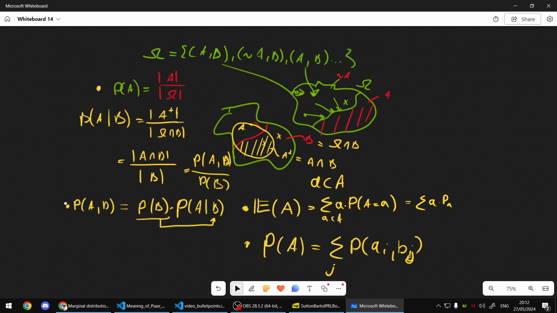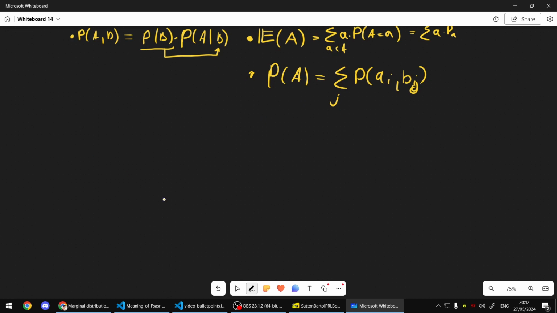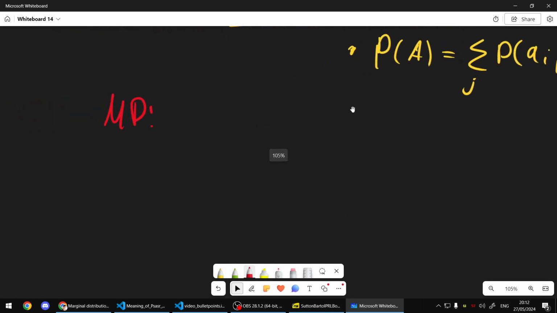Now we can talk about Markov processes very briefly. A Markov process is nothing else than some kind of random walk on a graph between some states.